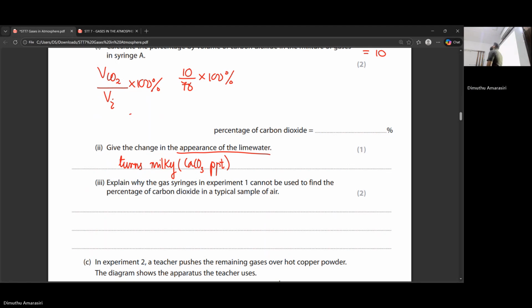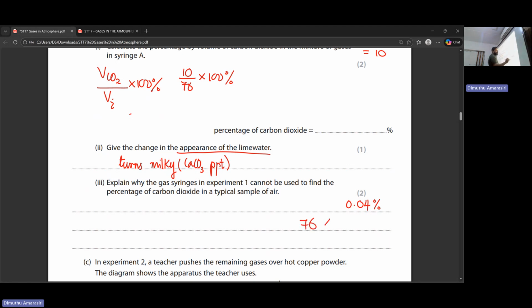Why? Any idea? Yes, carbon dioxide is more dense. Now look, the carbon dioxide percentage in air is 0.04. What is the volume that you are going to use? 76.